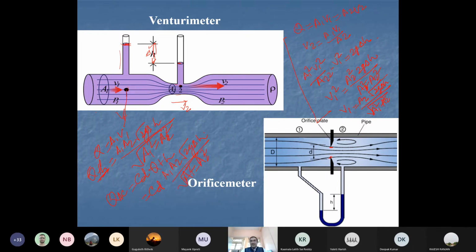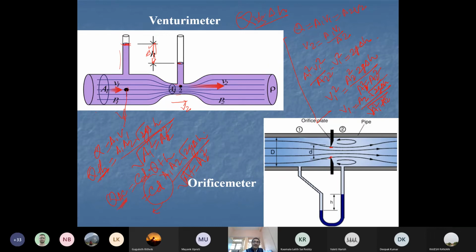So there are two objectives in this experiment. We need to establish the relationship between discharge and delta H, that is discharge versus delta H. At any moment, if we know the delta H, we can say what is the discharge. And the second is to find out the value of CD, the coefficient of discharge.